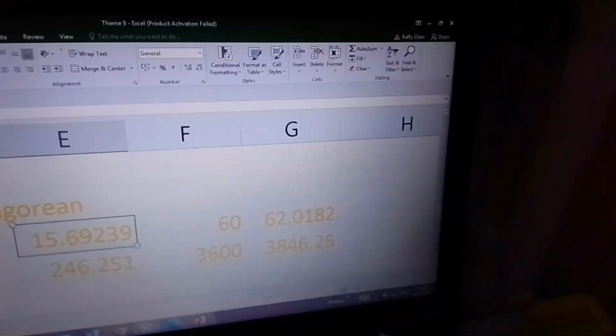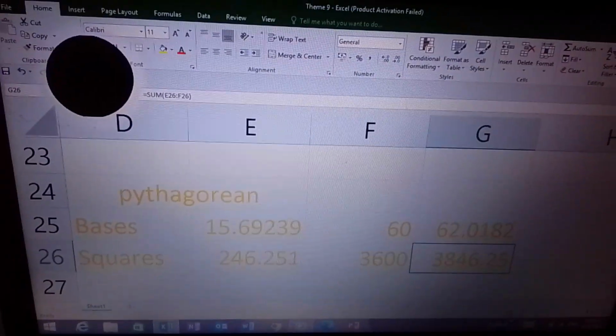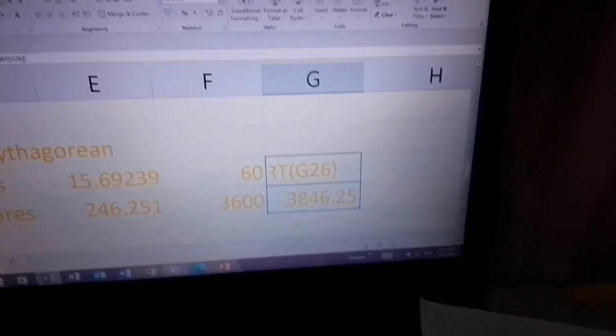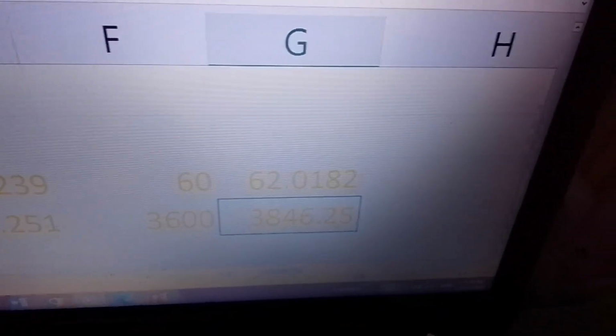And then what we did, I moved down here, and then I squared it. Summation of the two bases, just like what I did, and then this one is square root na namin. So we take the square root, so therefore the answer is 62.01. So therefore, the slant height is 62. Okay? Ito na yung height ng triangle.